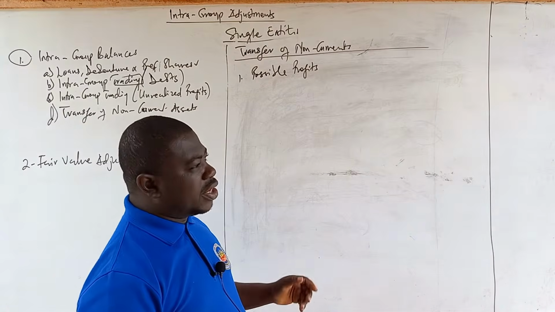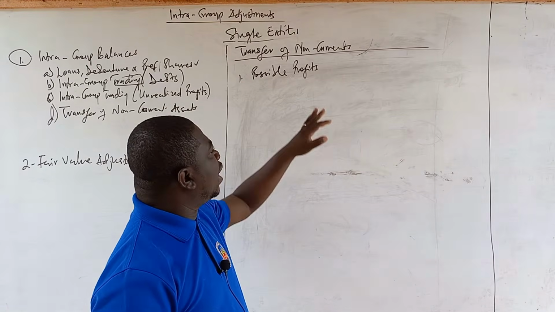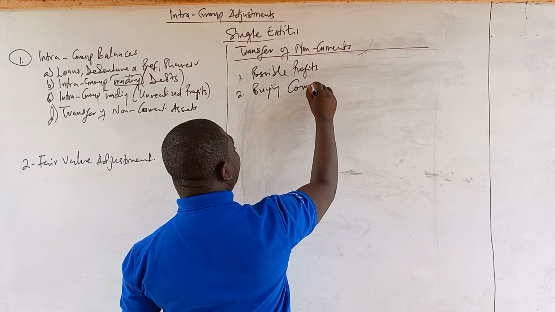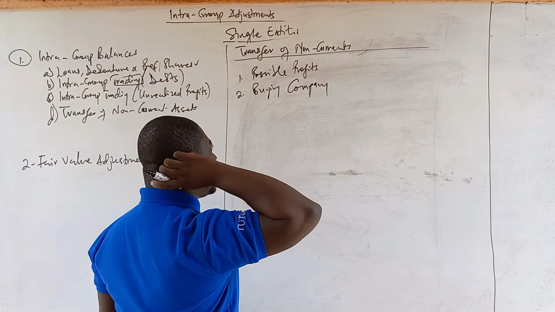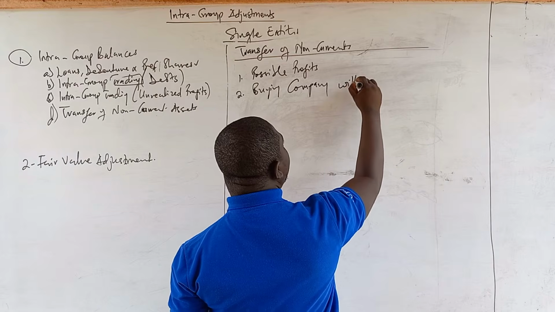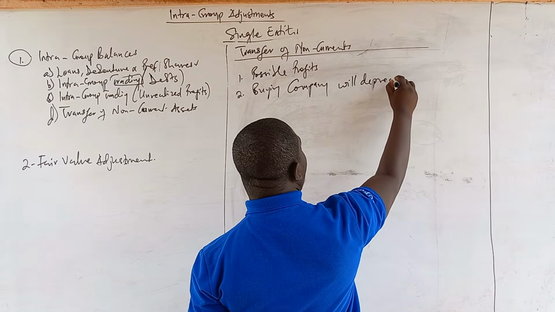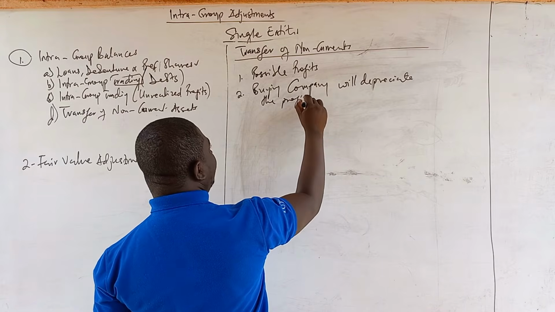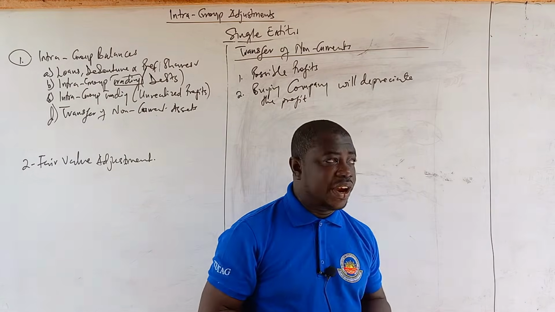One other dangerous thing that happens the moment there is a profit is that the buying company will also depreciate the asset and depreciate the profit. That is the risk. So these are two issues that arise.